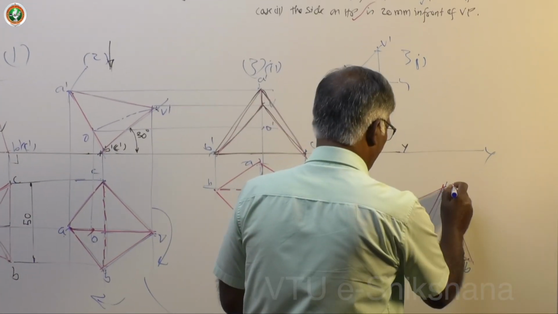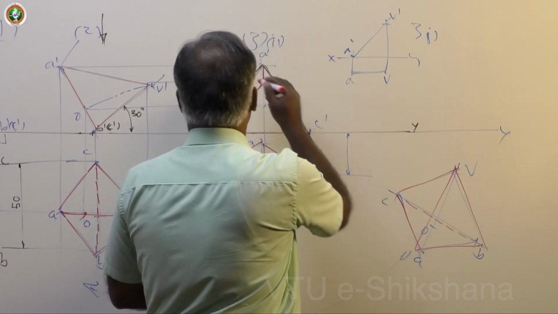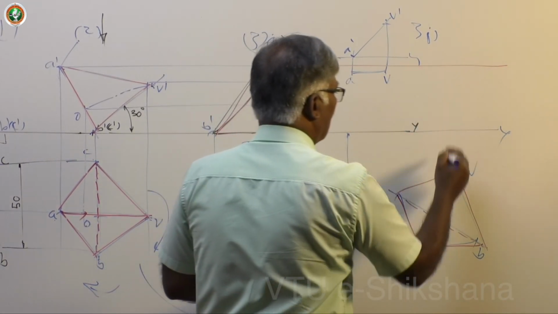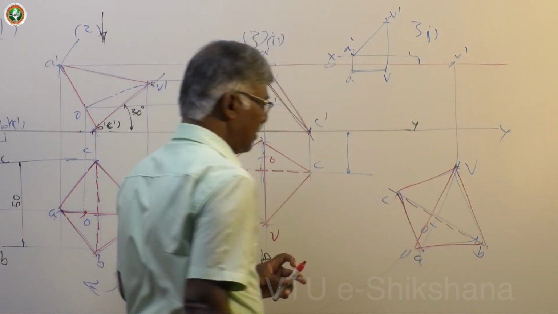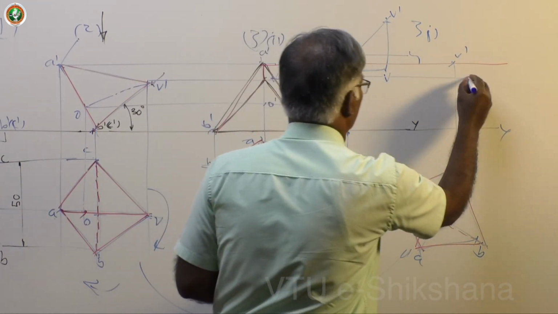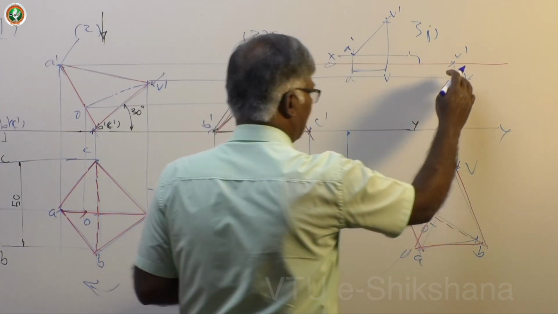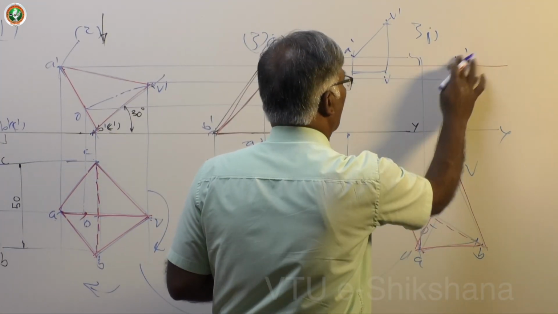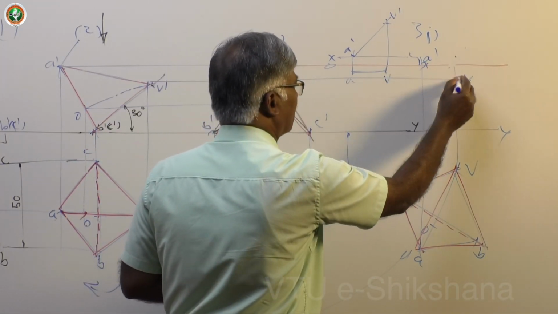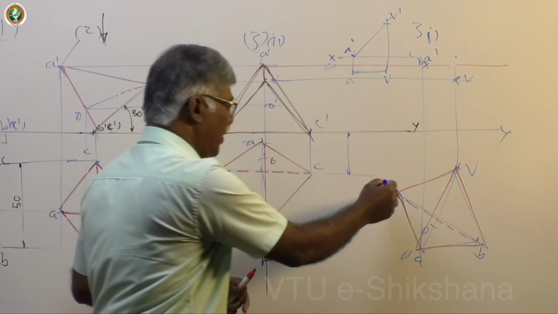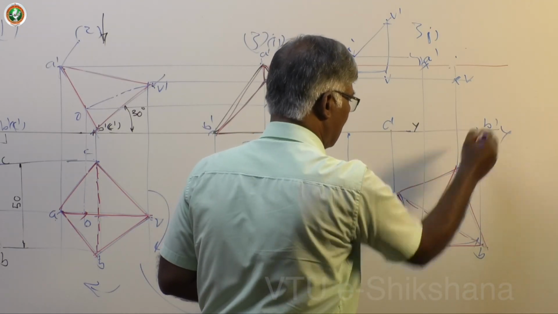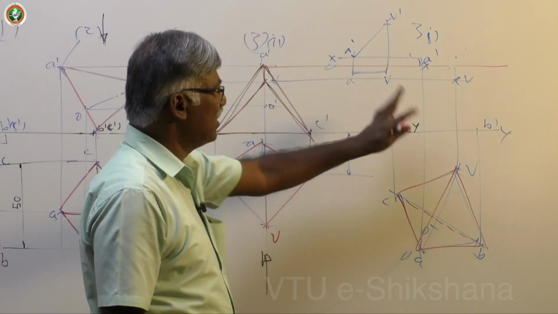This is V. Now this is for the locus of V. This is V dash. A dash is here. Okay, this is V, this is A. Now C and B on the ground. This is C dash, this is B dash.